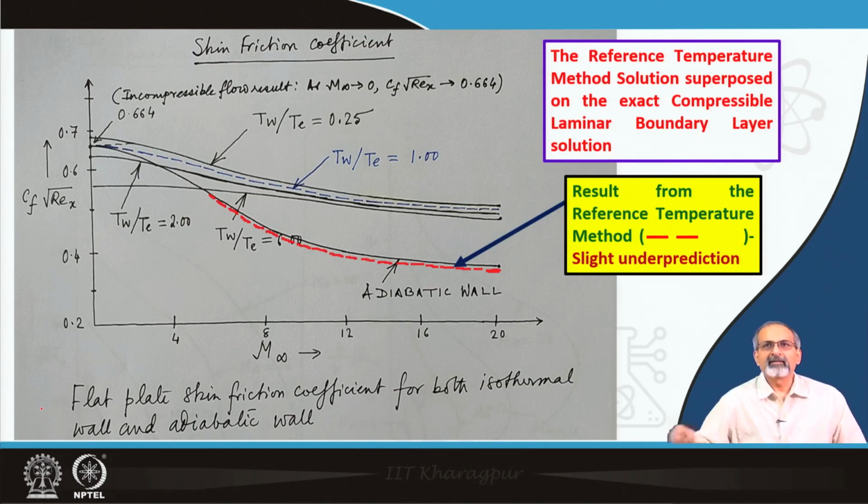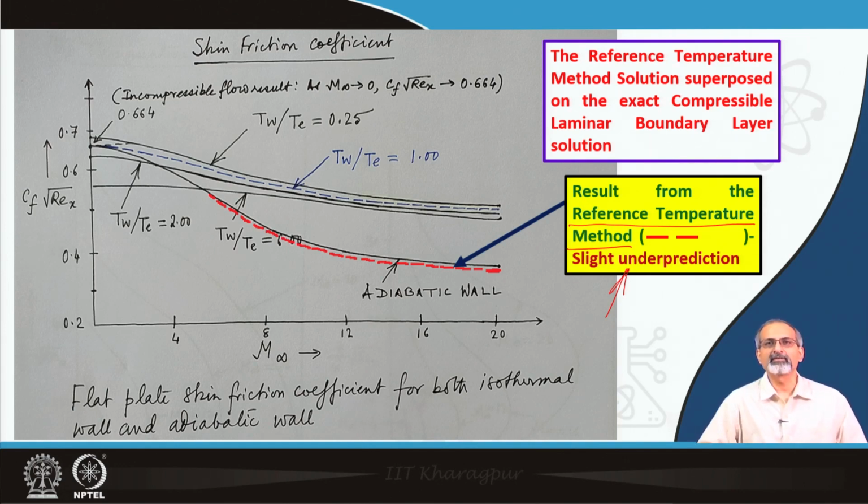We are showing an instance where the reference temperature method solution has been superposed on the exact compressible laminar boundary layer solution. The red dashed line is the one which talks about the reference temperature method. You see a very slight under prediction, but remember that the black bold lines are the exact solution of the boundary layer equations.